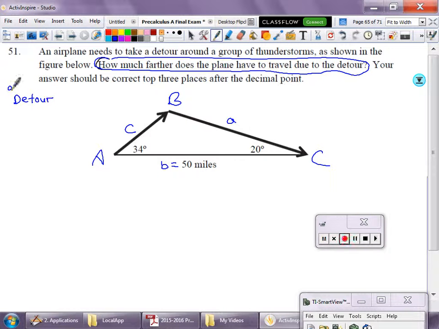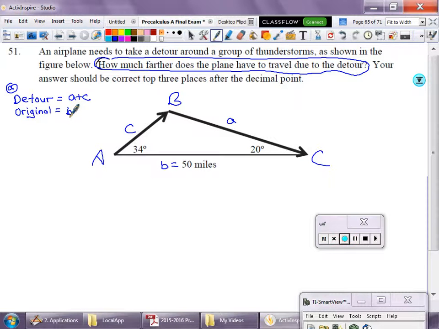What is the detour? Detour is equal to A plus C, and the original, or the shortest path, is B.